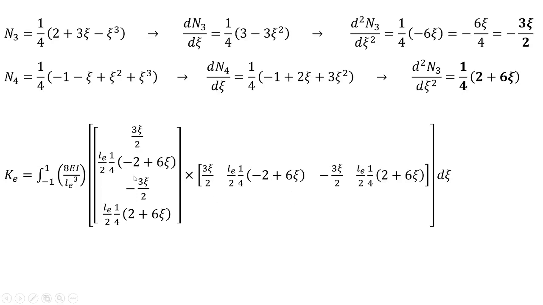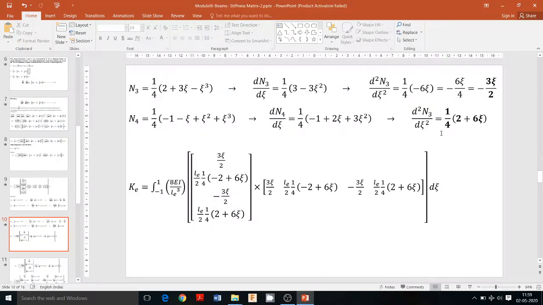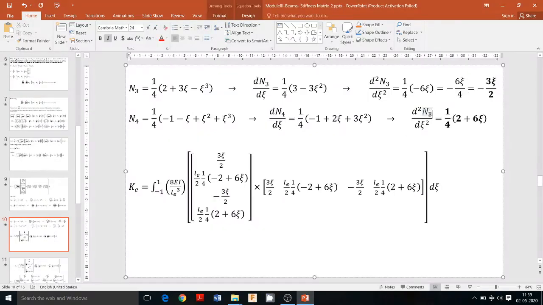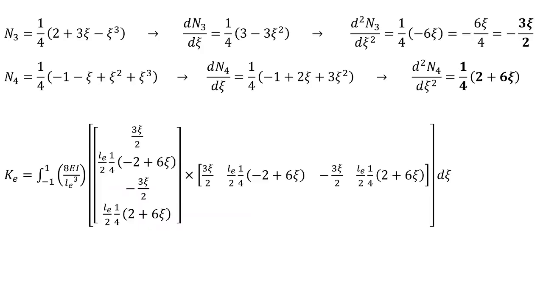Similarly here, this is the value of d square N3 divided by d zeta square, and this is the final value, d square N4 divided by d zeta square. So that is the value I substituted here.